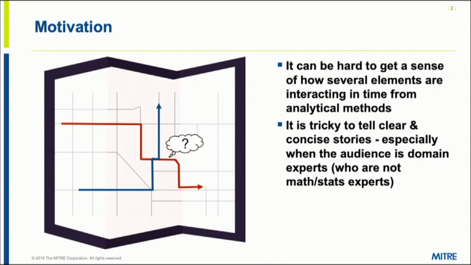So why bother? Obviously, if you have trajectory data, you can plot that data and get a sense of where things are. Although if you're particularly interested in the nature with which things are interacting in time and space, it can be tough to get a sense for that interaction from analysis alone.